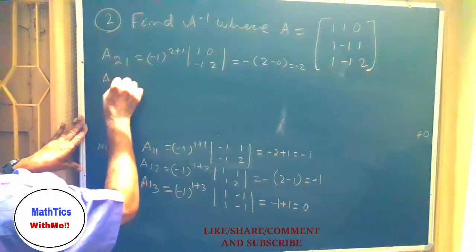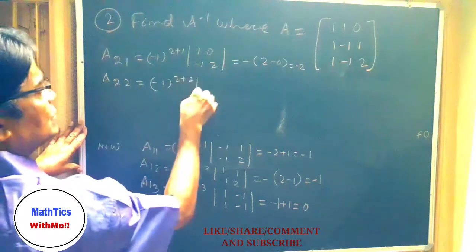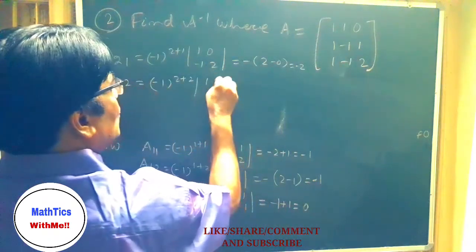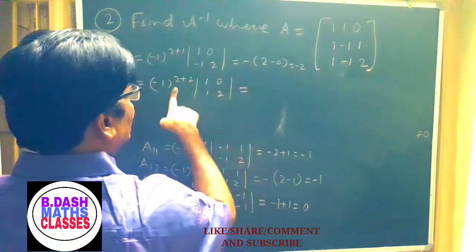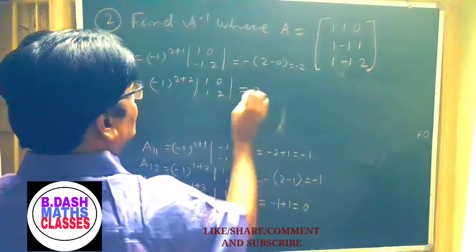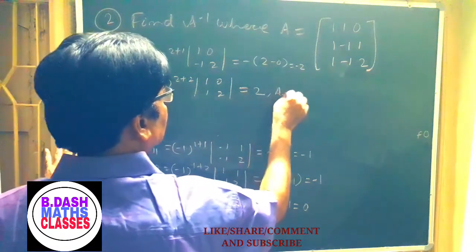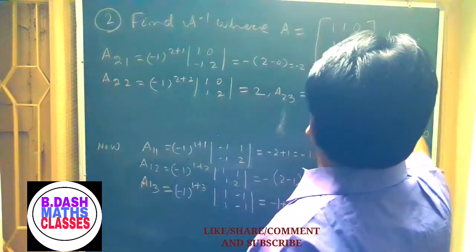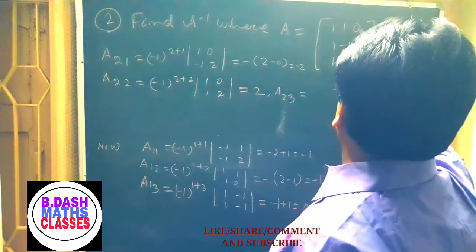Then A22, minus 1 to the power 2 plus 2. The middle element, we should forget about this. 1 0, 1 2, which is equal to plus 2. Then A23, that means the cofactor of this element.